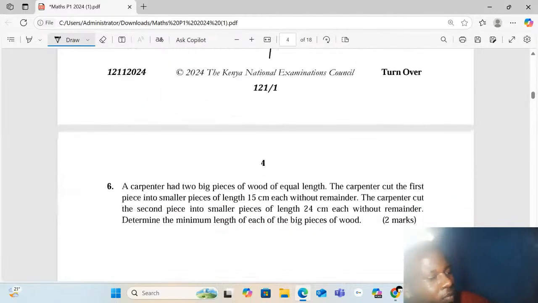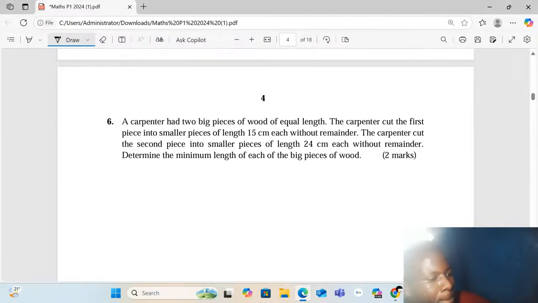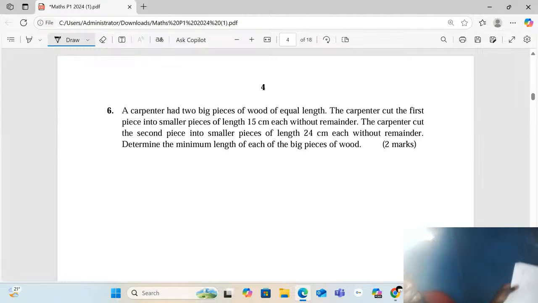Now we can move to question number 6. A carpenter had 2 big pieces of wood of equal length.